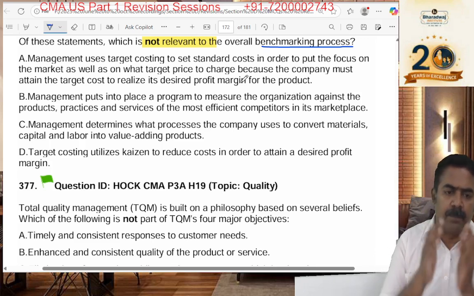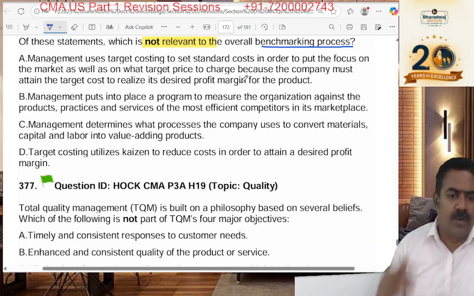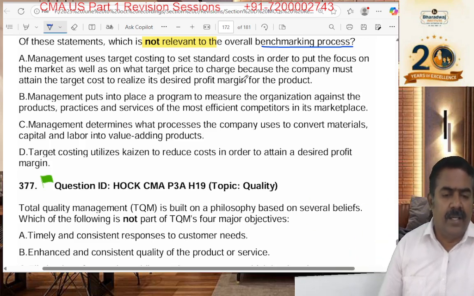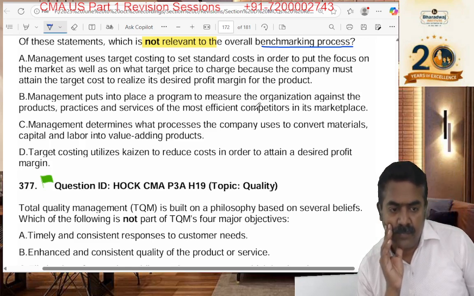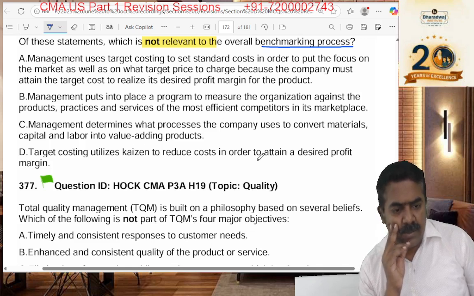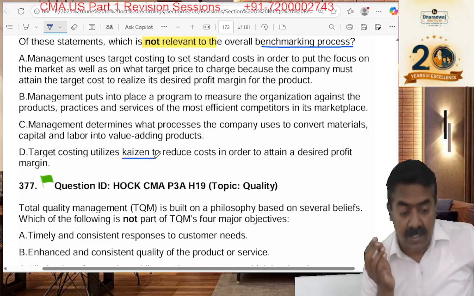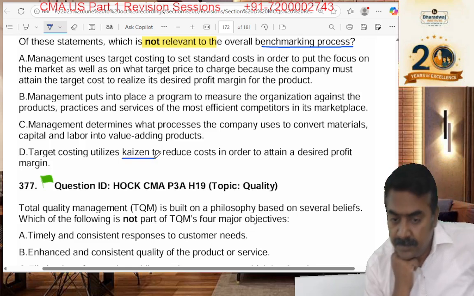Benchmarking is to do with comparing your organization's work activity with what? External market so that you can improve. Target costing utilizes costing to reduce the cost. Yes, it is also benchmarking. But how do we do continuous improvement? We do it based on external things, right?